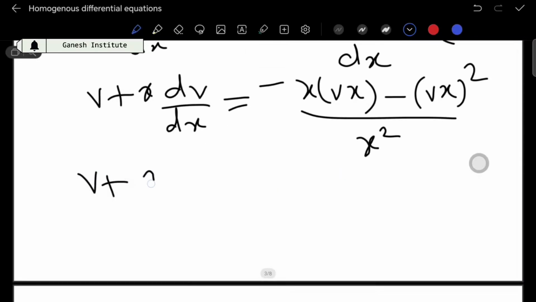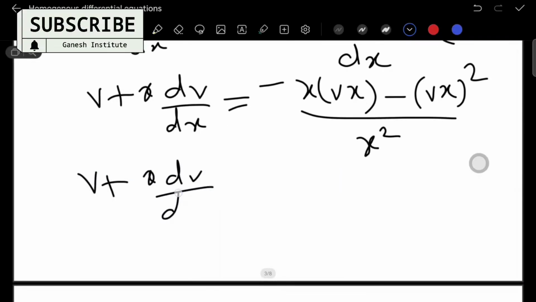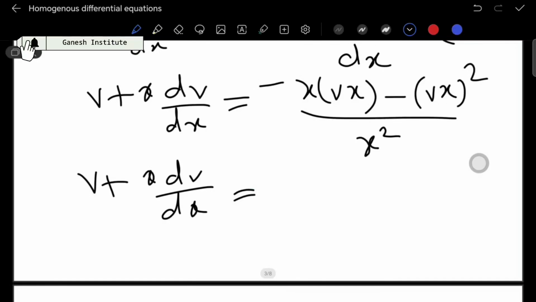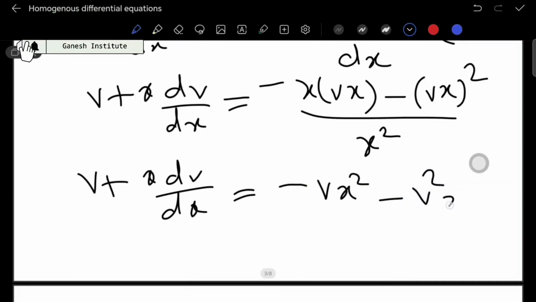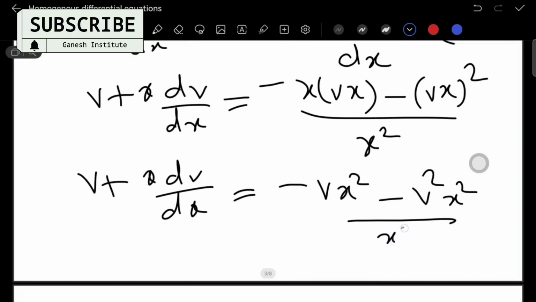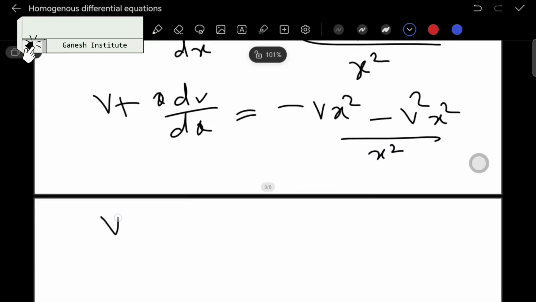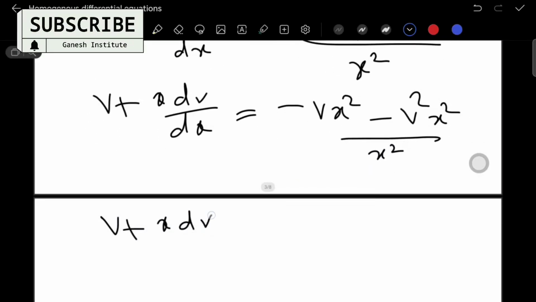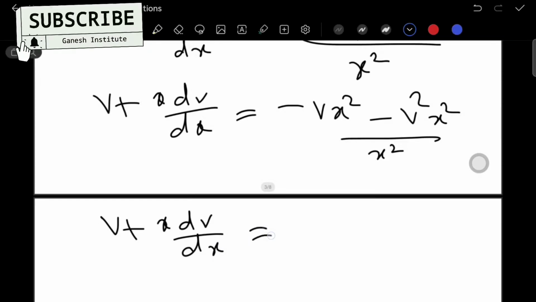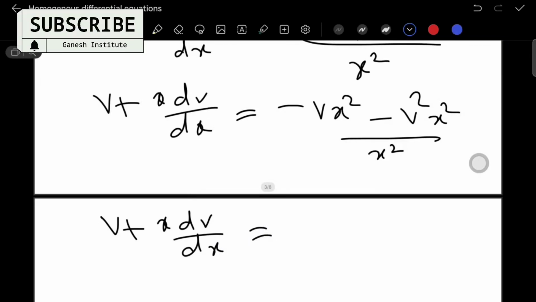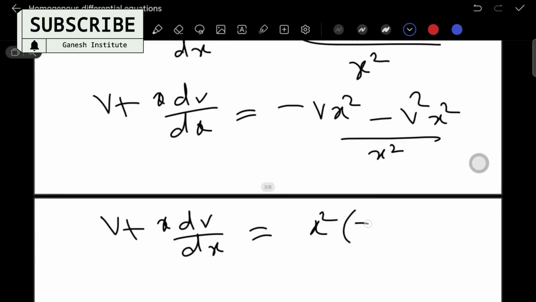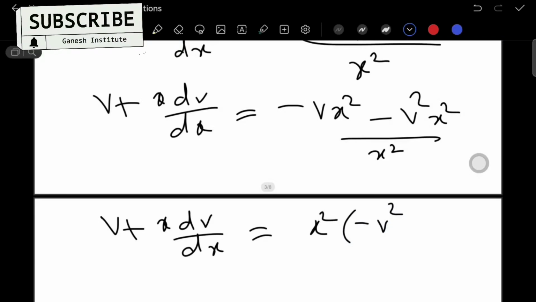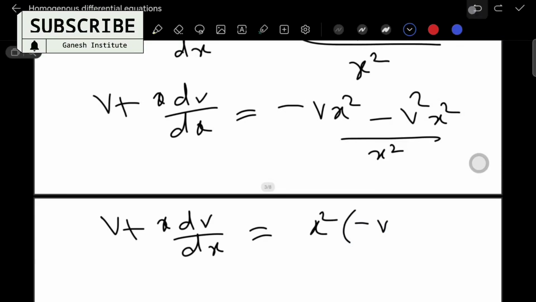Now v plus x dv by dx equals, this is vx square minus v square x square divided by x square. So v plus x dv by dx has become, now if I take x square as common, what's left? Minus v minus v square, right?